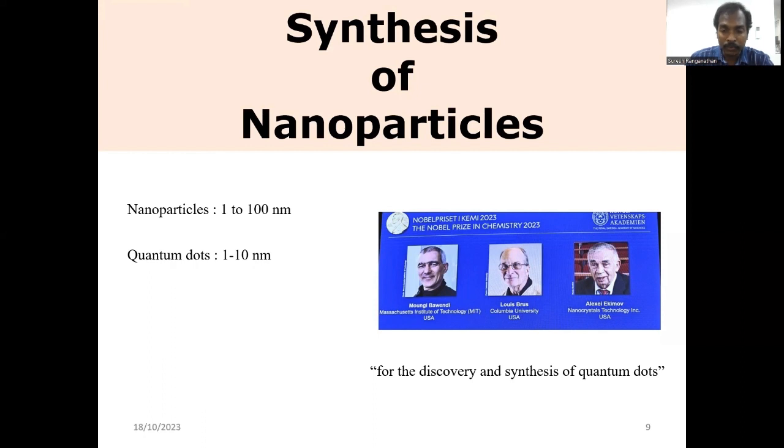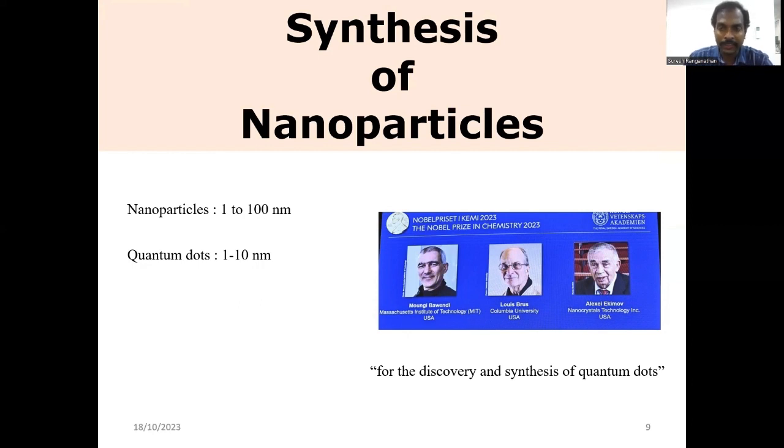And before that, I want to mention one thing. For nanoparticles, you know that the size should be 1 to 100 nanometer, at least in one dimension.